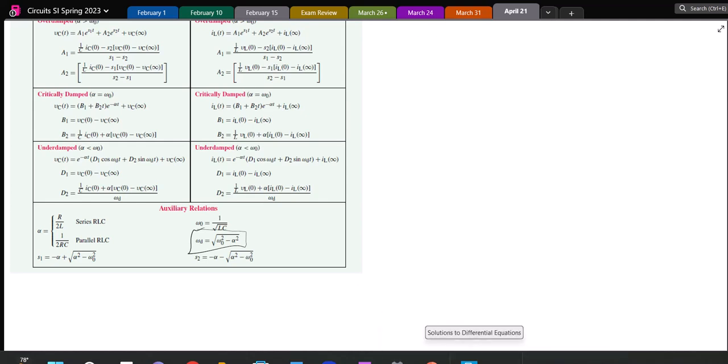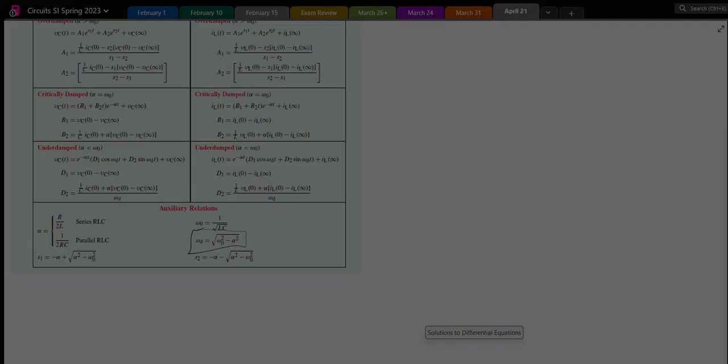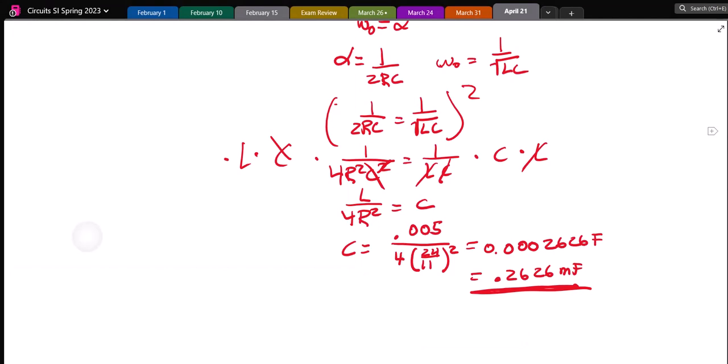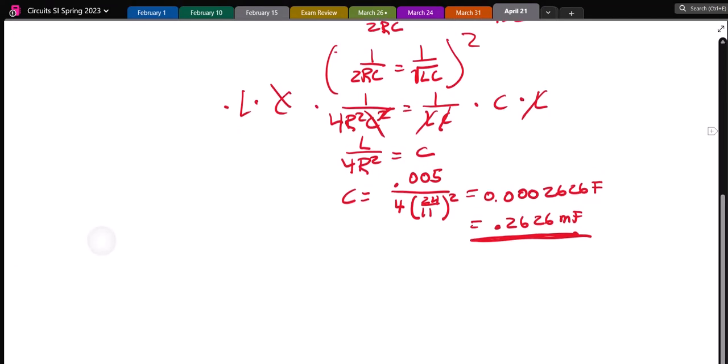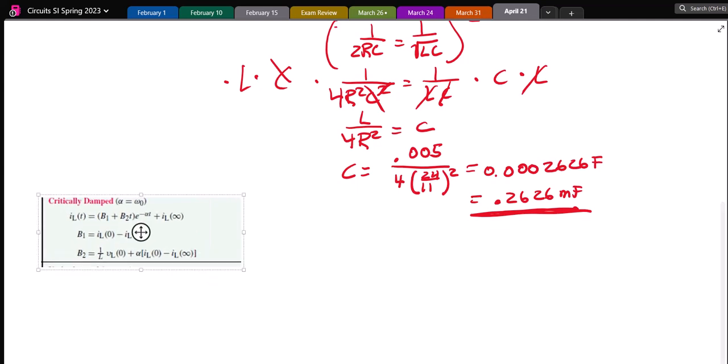So we are using this. Now let's take a look at our circuit. We need iL(0), iL at infinity, and vL at 0.